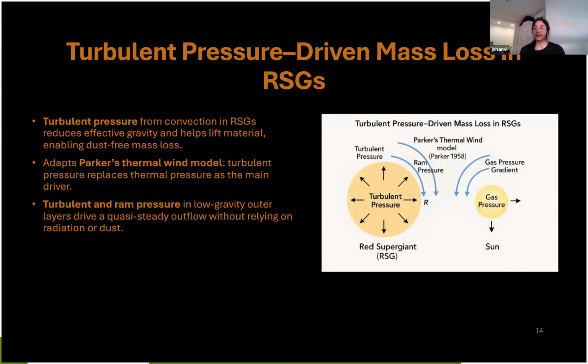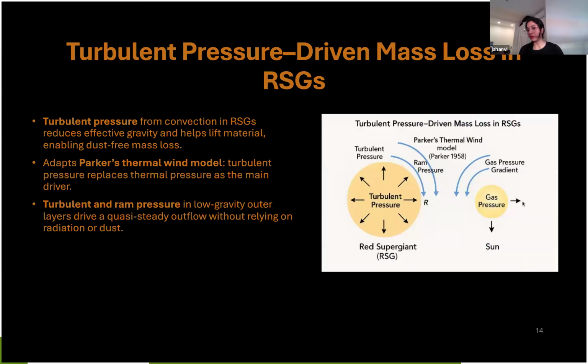Then the next major theoretical model that was suggested is turbulent pressure driven mass loss, because this does not need radiation or dust. This is similar to Parker's thermal wind model, if you know it.